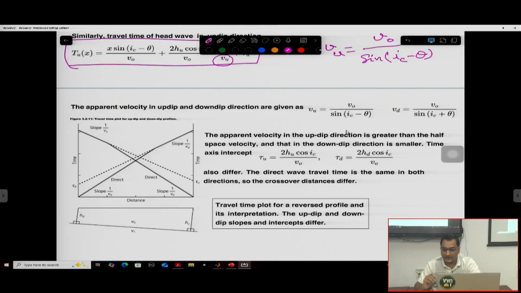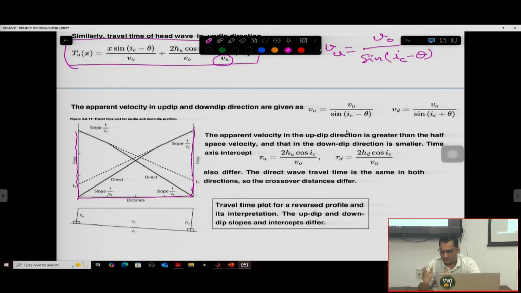So once you have the travel time for the upgoing wave in the up dip direction and in the down dip direction, both, right? Now if you plot it on a travel time curve, let's suppose on the x-axis you have the distance, and on the y-axis you have the time, for the forward profiling and for the reverse profiling. So actually we are merging two travel time curves together now.